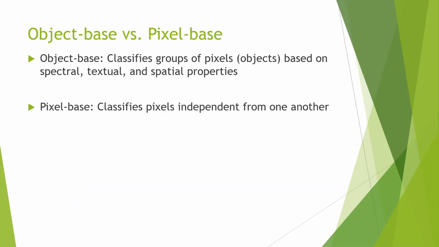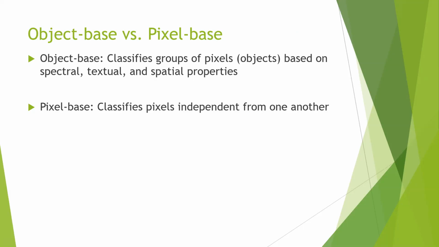Within the automated feature extraction method, there are two main sub-methods, object-based and pixel-based methods. The object-based method, the computer classifies groups of pixels or objects based on their spectral, textual, and spatial properties, whereas the pixel-based method, the computer just classifies each pixel independent from one another.